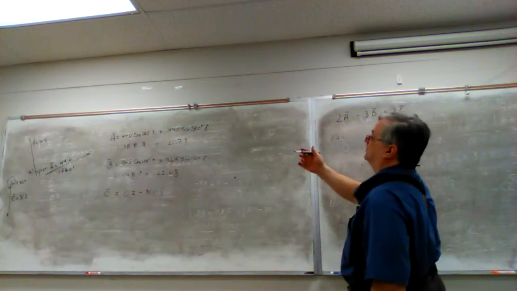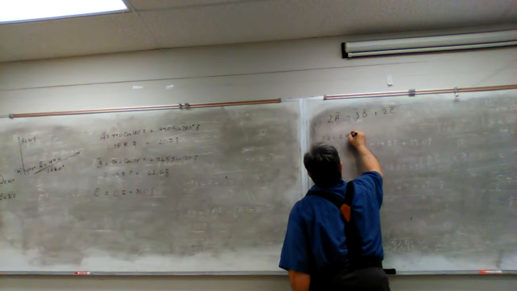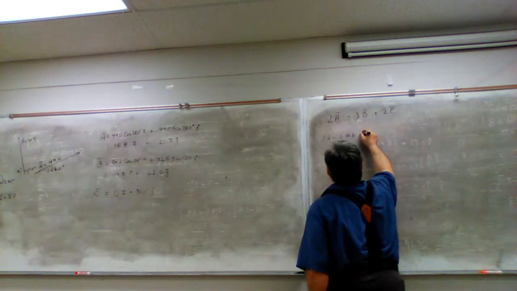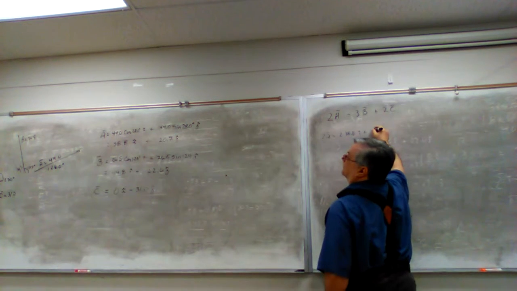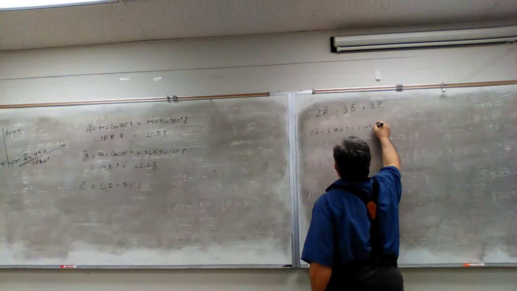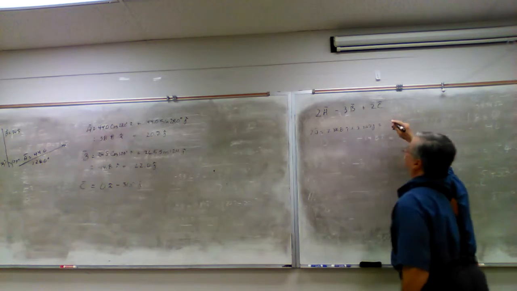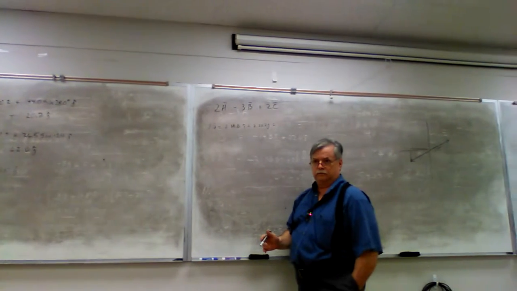2 times A is 2 times 38.8 I plus 2 times 20.7 J, which equals, what's 2 times 38.8?